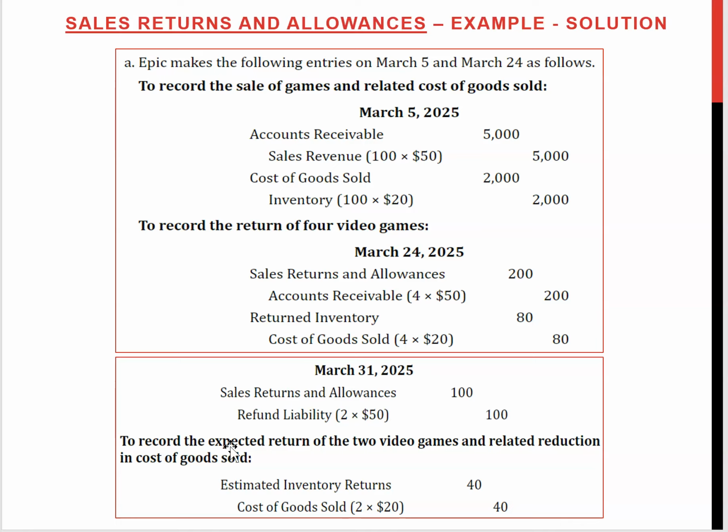So they need to debit sales returns and allowances. And then they need to credit refund liabilities. Remember, now they didn't receive the sales return yet, but it's confirmed that it will happen. So instead of reducing receivable at this point, we are crediting a liability, refund liability, which is a credit amount.